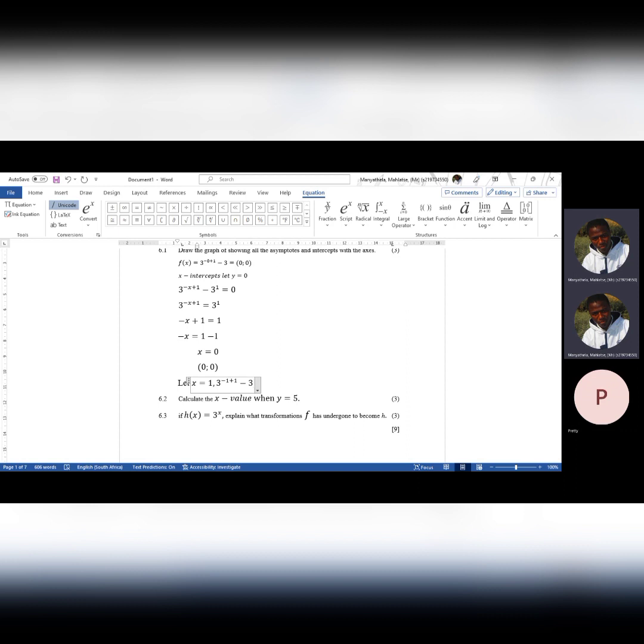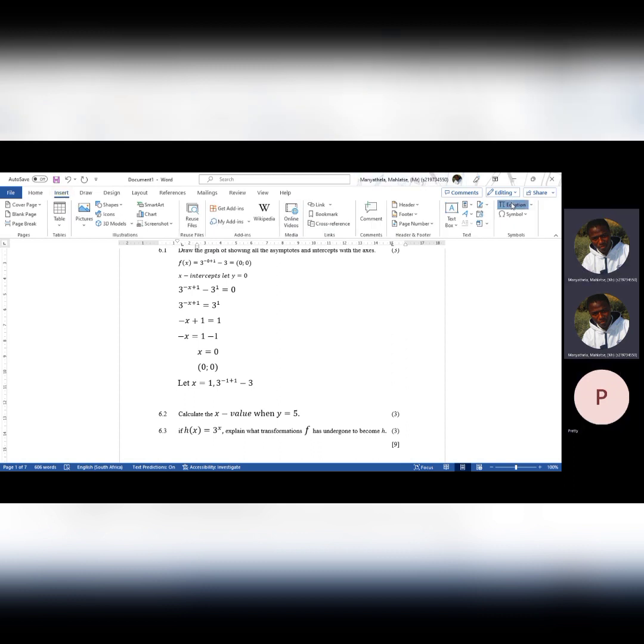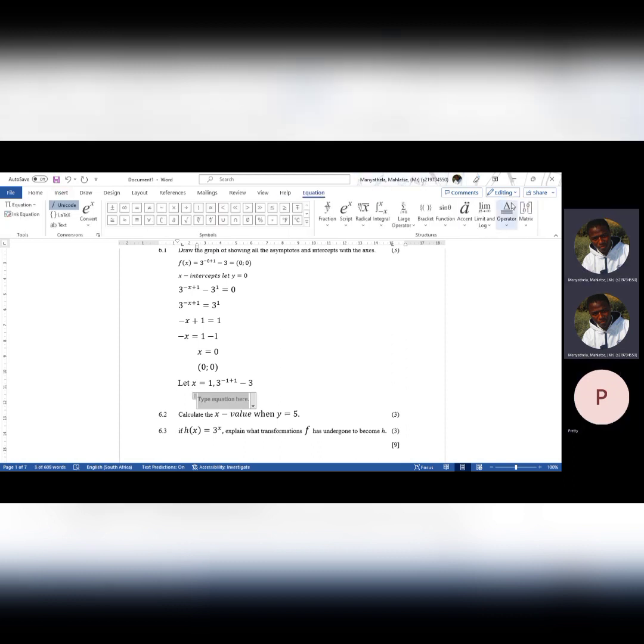So that point is minus 2. Meaning that when x is 1, another point that we have is minus 2.